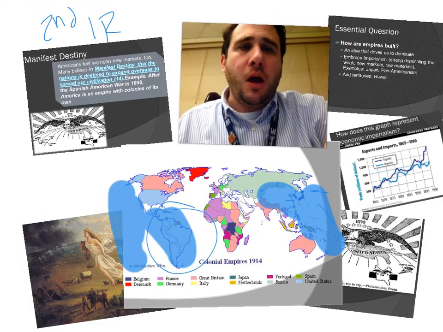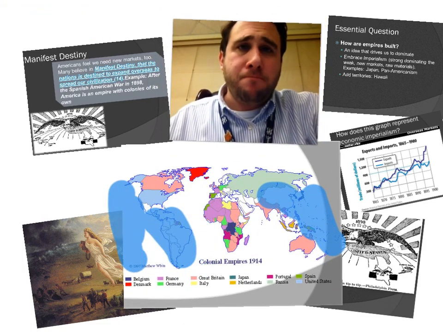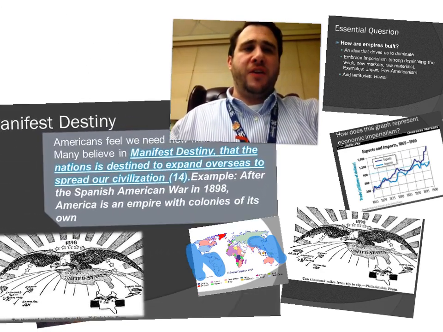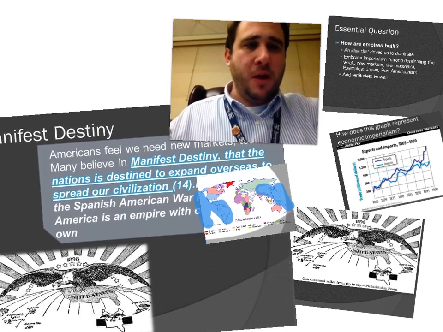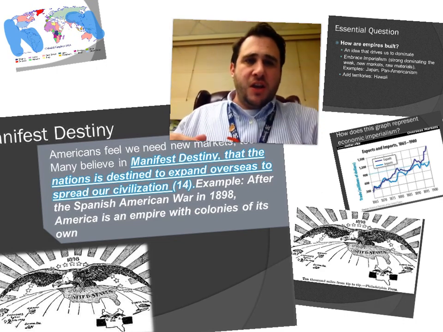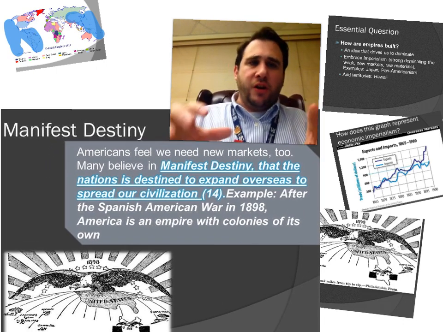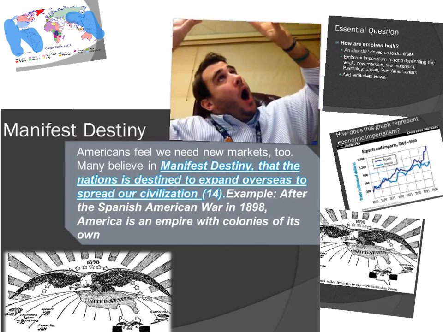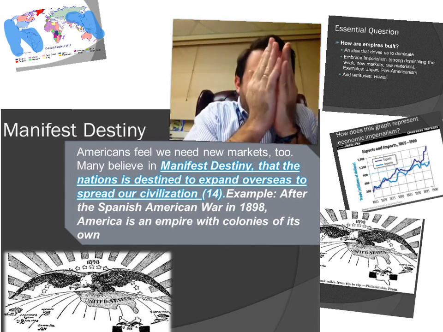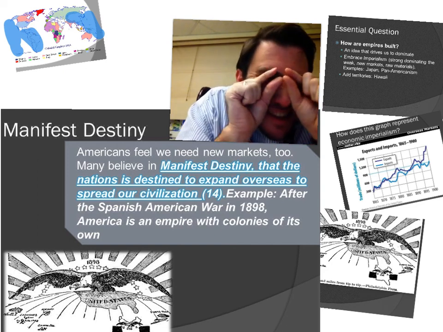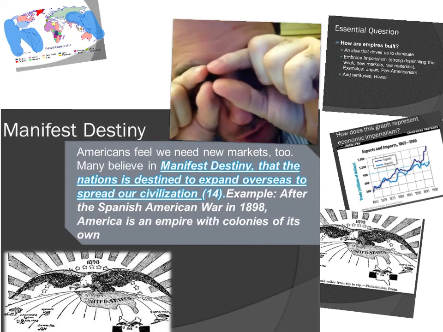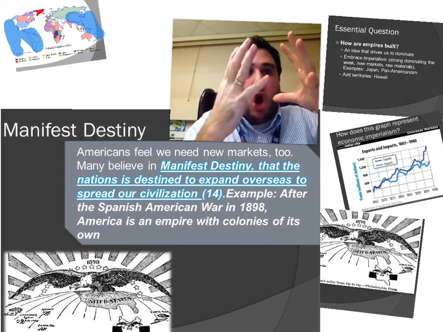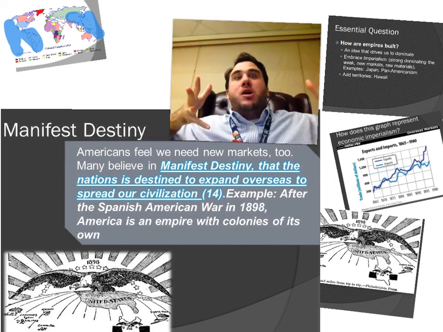So ultimately what you end up looking at here is going to be this concept of manifest destiny. And manifest destiny is this concept that our nation is destined to expand, to go from America to big, gargantuan America.